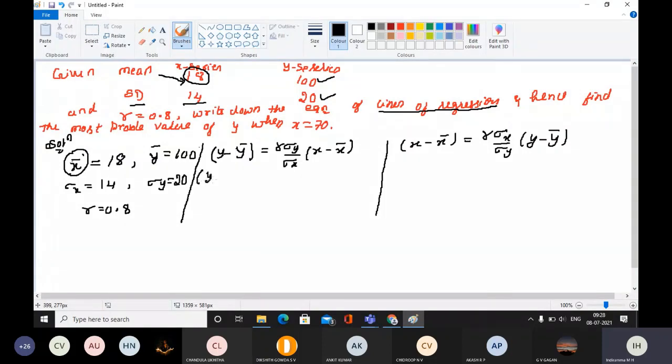So y minus, what is y bar given? 100 is equal to r is 0.8 into sigma y, 20, divided by sigma x, 14, into x minus x bar, x bar is 18. So y minus 100 is equal to, what is 20 by 14 into 0.8?